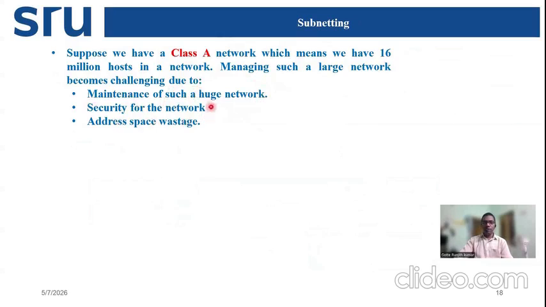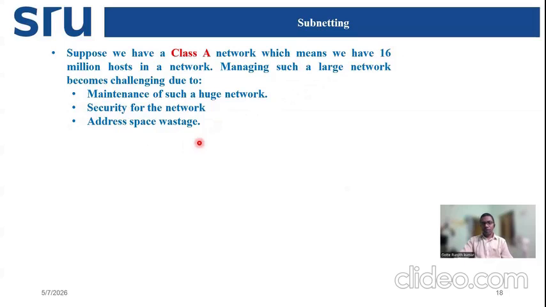And there will be some security issues. Generally in one network, these 16 million systems may not be used, so those many addresses will not be used, and definitely some address space will be wasted.